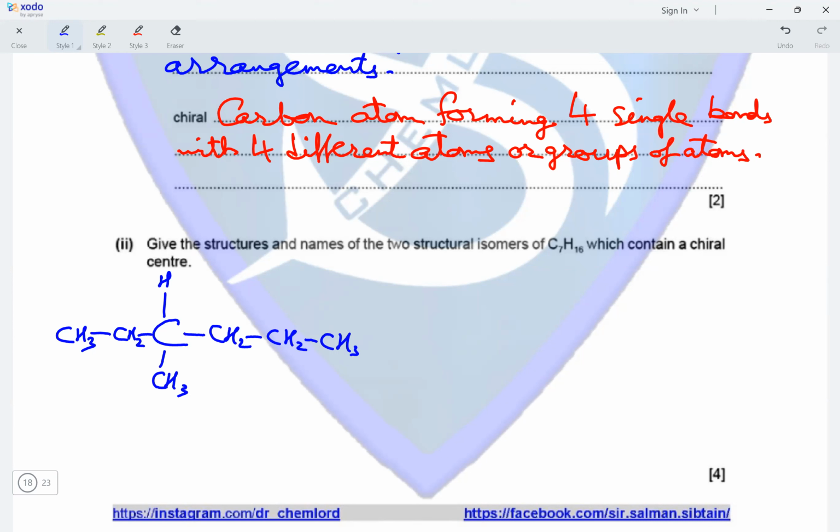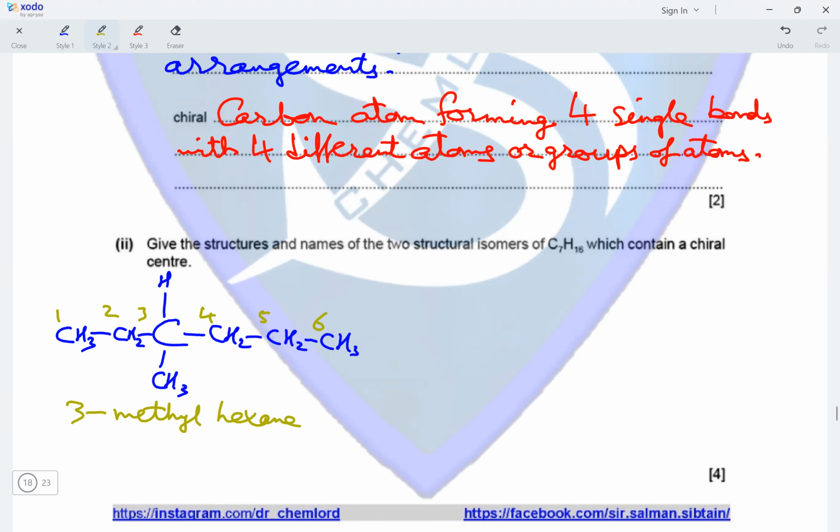So this compound will be called 1, 2, 3, 4, 5, 6. So this is hexane, and we've got the methyl group on the third carbon atom, so 3 methyl hexane.